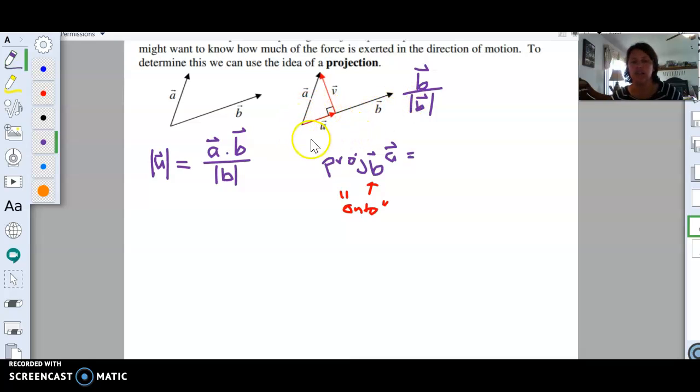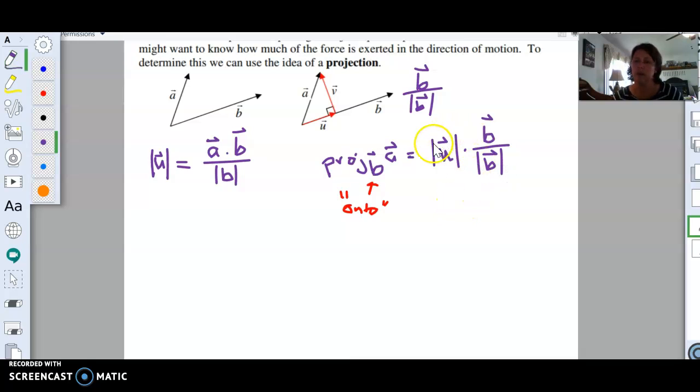So we want it to have the magnitude that we found over here, and we want it to go in the direction of vector B, so we're going to take the magnitude, which we have written to the left, the magnitude of vector U, and we have the equation over there, times the unit vector of vector B, because we want its direction, but not its magnitude.